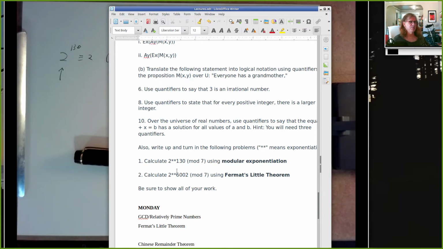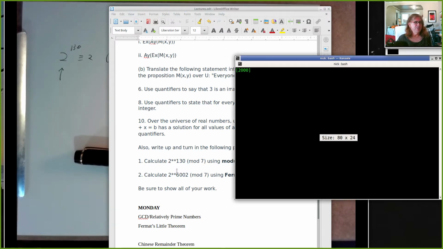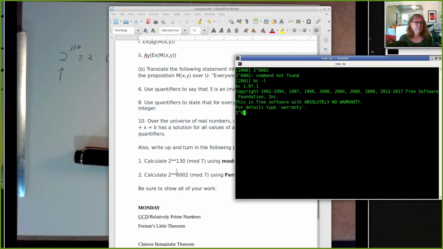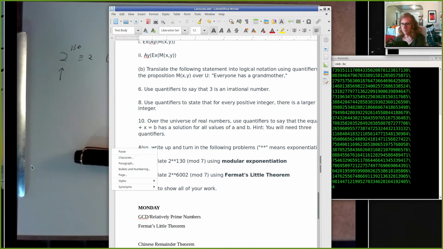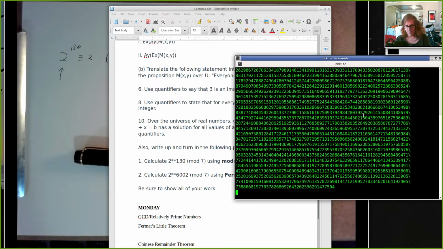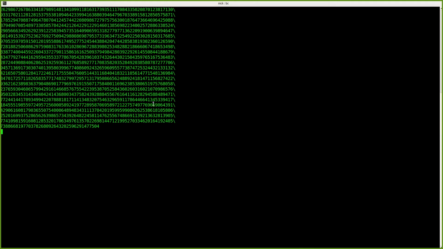And so for homework 6, we can just sort of take the difference to see that that's the case. For these questions where we had 2 raised to the 6002, that's a bigger number than we really want to deal with. But we could. Well, it's not that big.